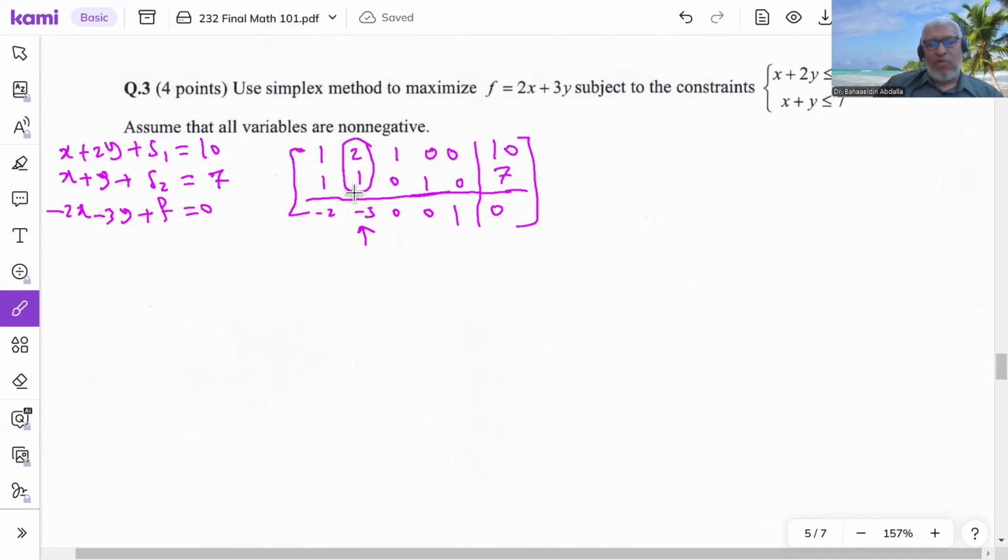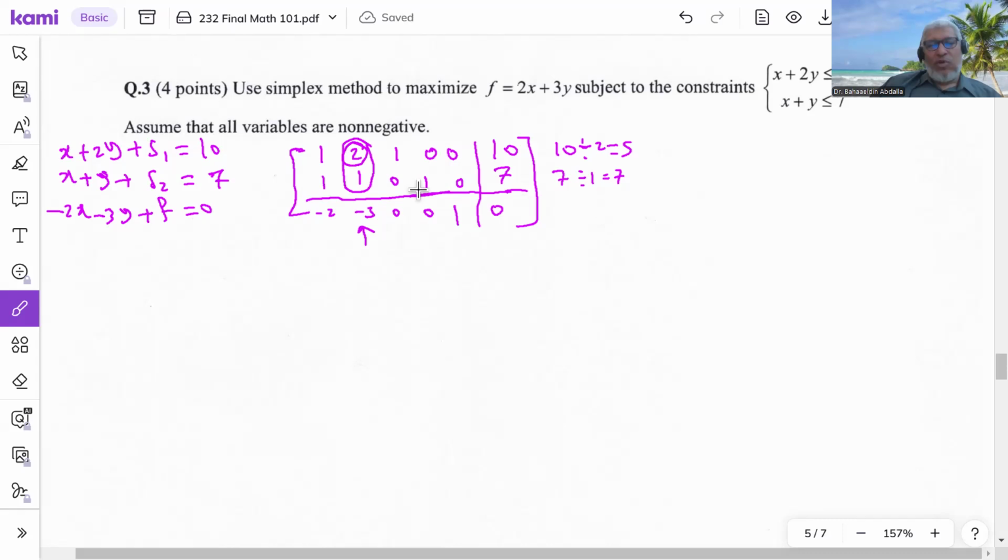And to determine which one of them is the pivot entry, we divide 10 by 2. We get 5. And we divide 7 by 1. We get 7. 5 is smaller than 7. So 2 is the pivot entry.